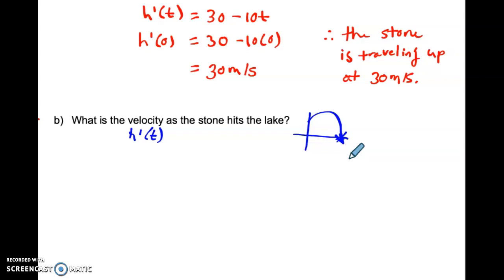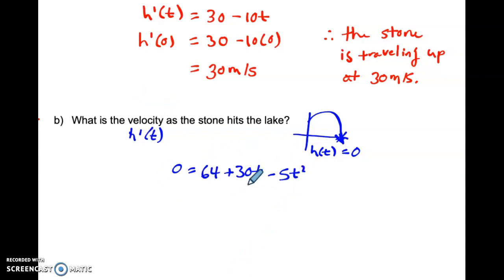So to find the t-intercept, we really want to find when the height is 0. So we are going to take h of t and set it equal to 0. And that's going to allow us to find the time, and then once we have the time, we will be able to find the velocity at that time.